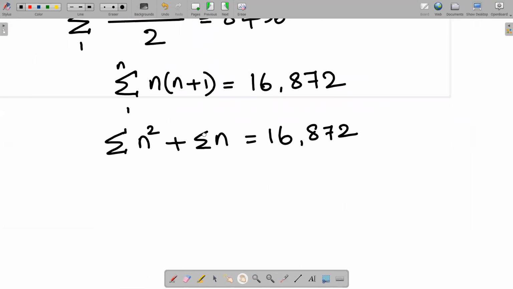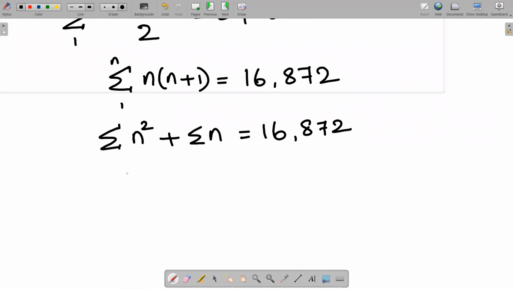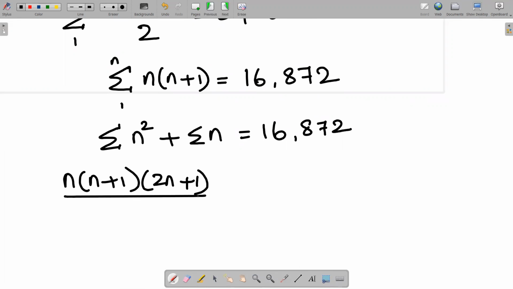So let me now expand this. What is the sum of squares of the first n natural numbers? That is n into n plus 1 into 2n plus 1 upon 6, plus the sum of the first n natural numbers, that is n into n plus 1 divided by 2.